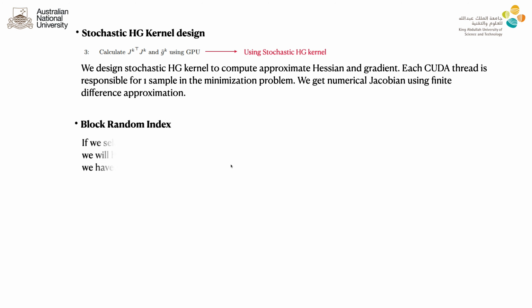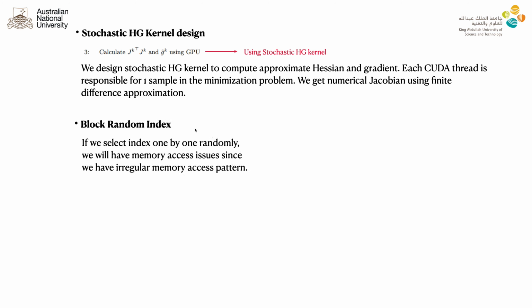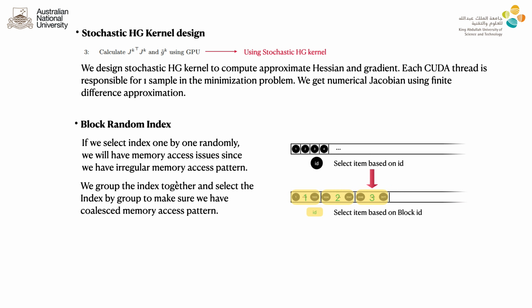Then we will explain the techniques we use to optimize the kernel. If we select indices 1 by 1 randomly, we will have a memory access issue since we have an irregular memory access pattern. So we group indices together and select the index by group to make sure we have a coalesced memory access pattern.